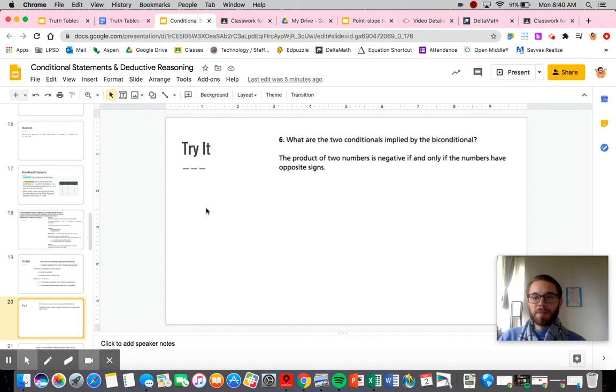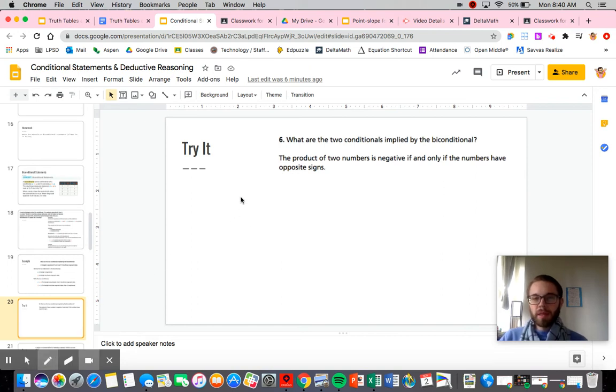All right. So what are the two conditionals implied by this biconditional? Let's look at them real quick. The product of two numbers is negative if and only if the numbers have opposite signs.